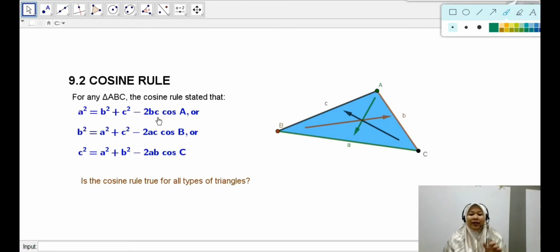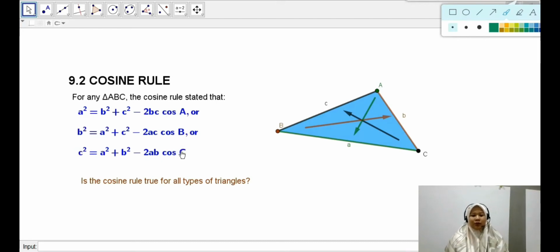As for the angle, if we were to find the angle at vertex A, we need to use this one, because cos A will appear if a squared is the subject. Okay, so similarly for the second and third one, if you were to find side b, or you were to find the angle at vertex B, then you use the second one.